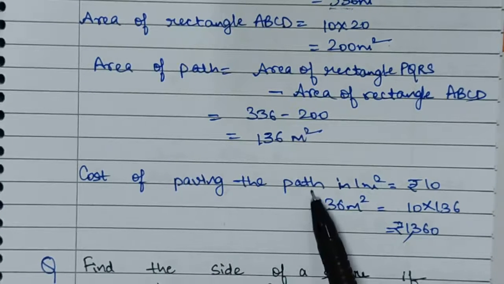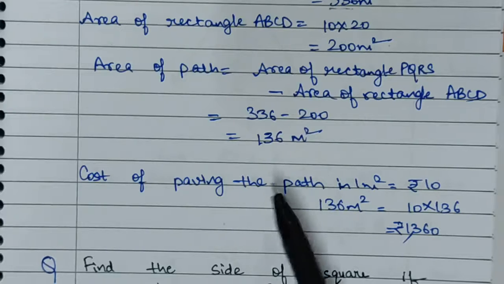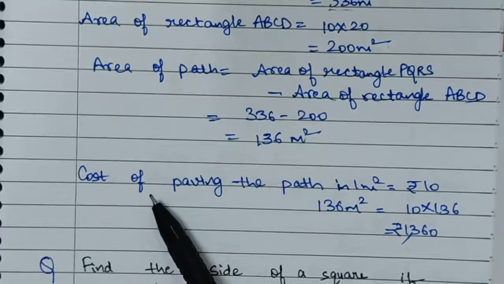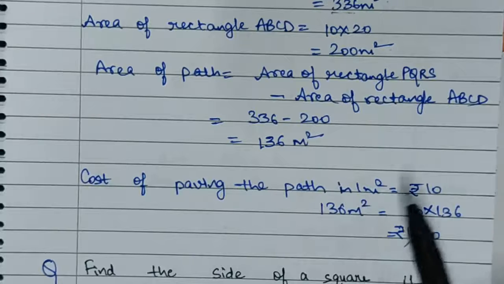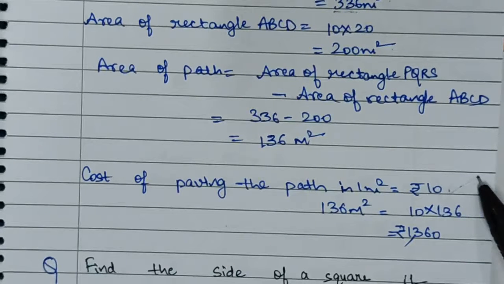Paving the path means you have to flatten the path so that the path becomes easier to travel. Now the cost of paving the path in 1 meter square is given to you, that is rupees 10.